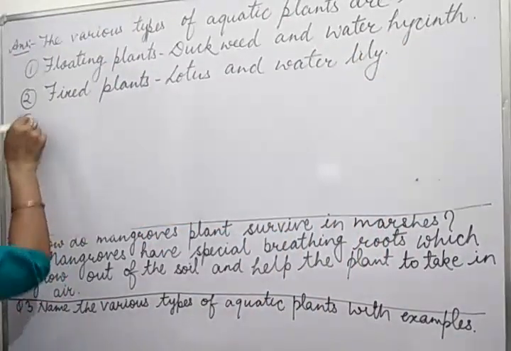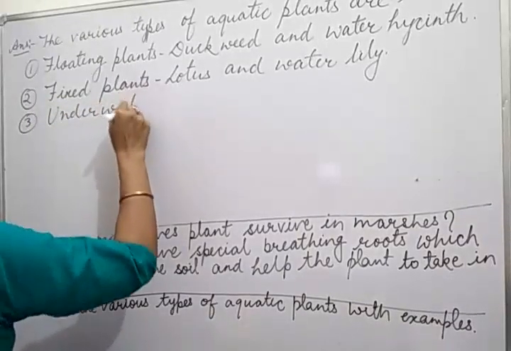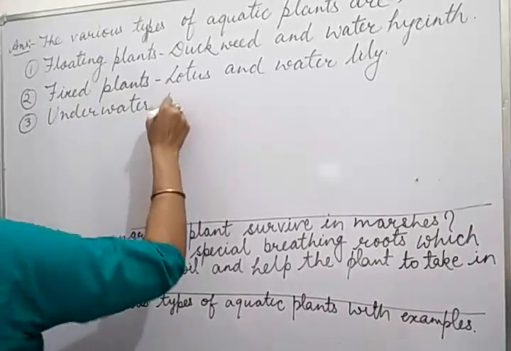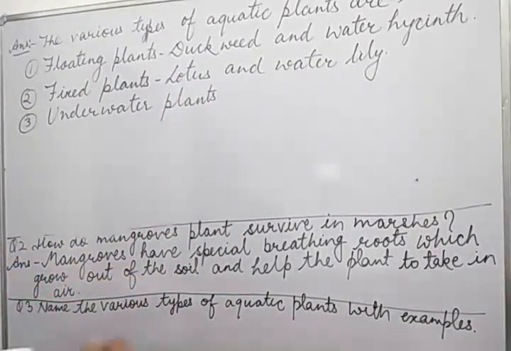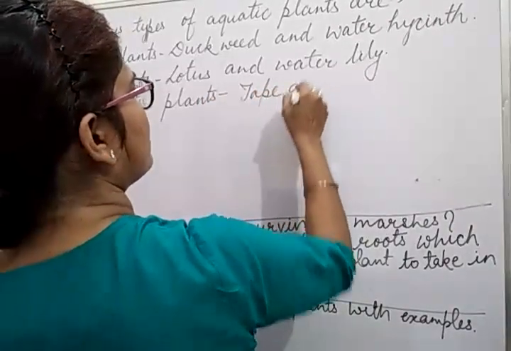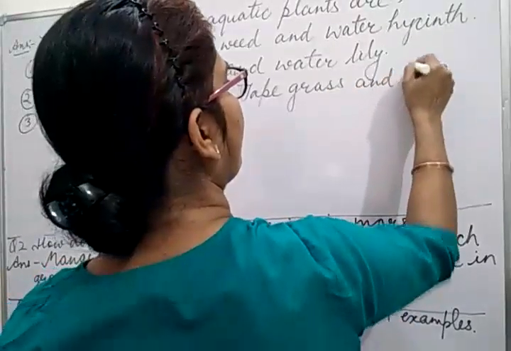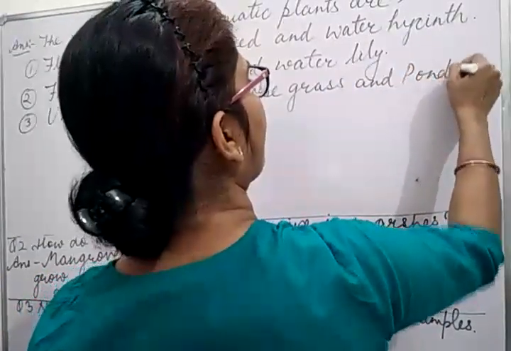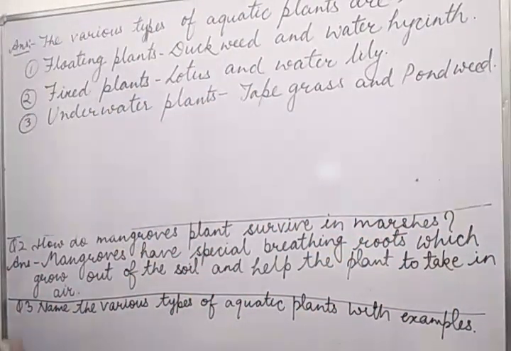Then third, underwater plants. Underwater plants, they are tape grass and hornwort. These are the examples of underwater plants.